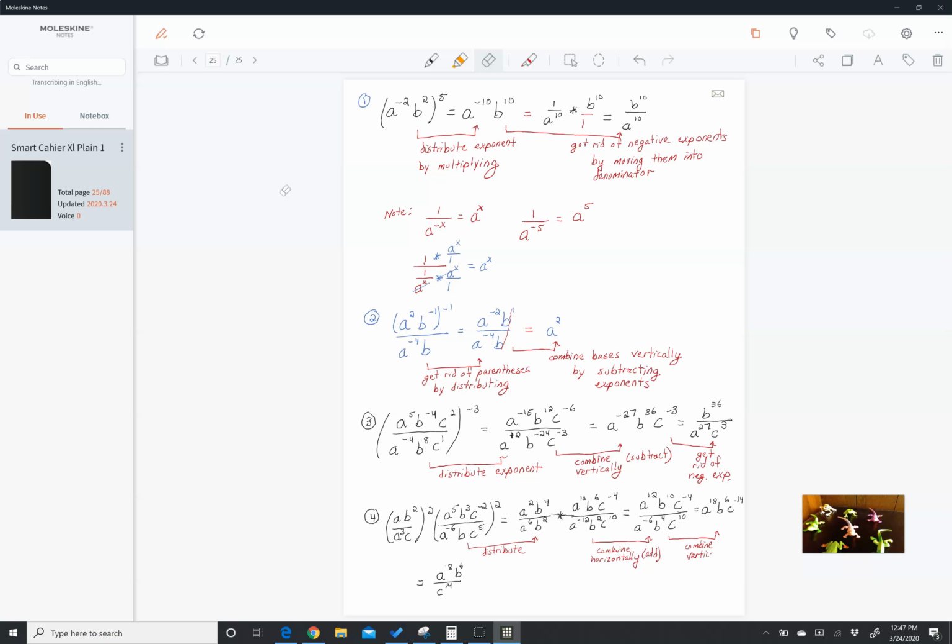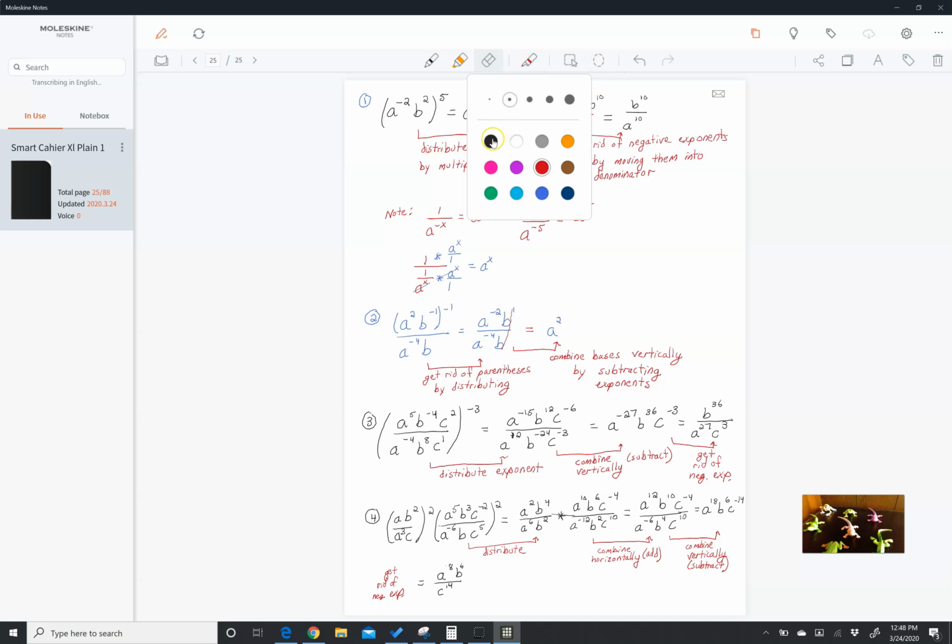This is our subtracting. And then we get rid of negative exponents. Let's take one or two more.